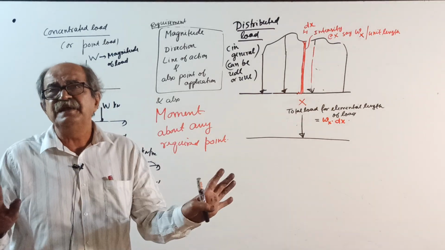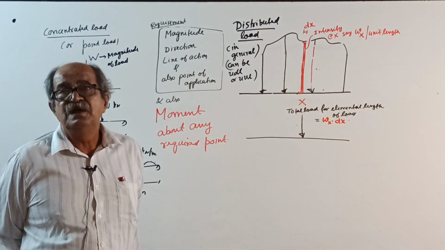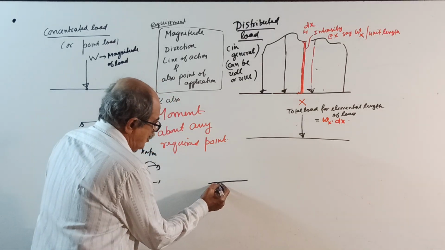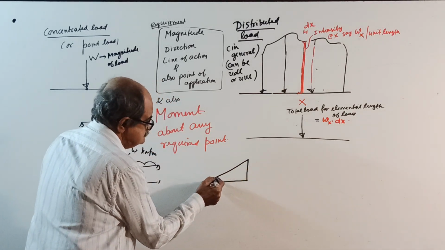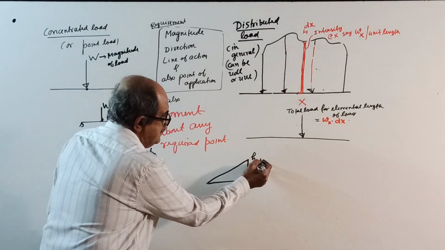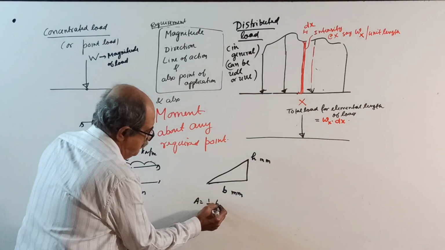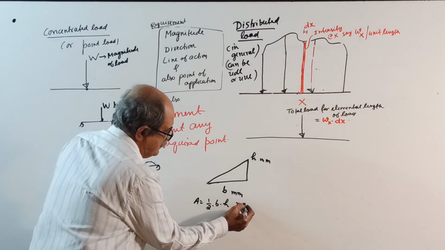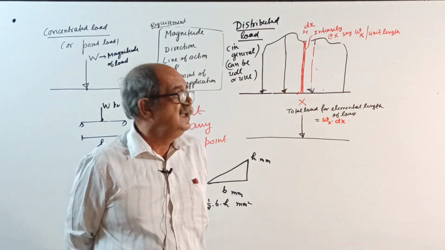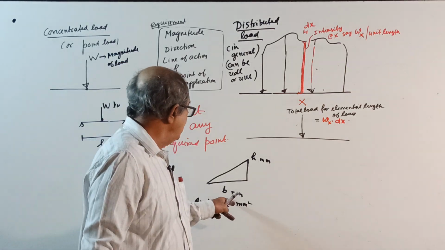I never write units when I solve and when I go for bookwork type questions. For example, the area of a rectangle, or the area of a triangle. They will say B is the base in millimeter, H is the height in millimeter, and area equals half into base into height, that much millimeter square. What is this nonsense? Are you teaching that way? You are forcing a person to consider base in millimeter, height in millimeter.